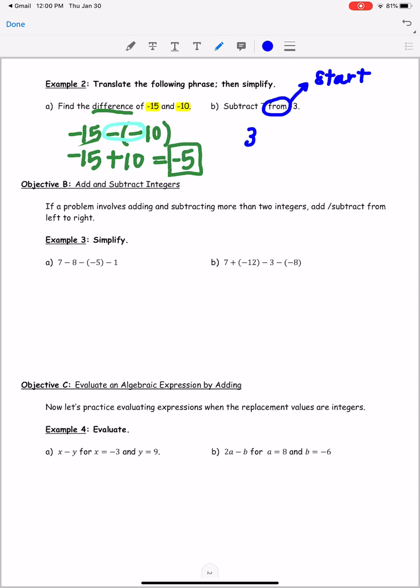And it tells me that we are what? Subtracting 7. So same signs or different signs? We have a positive 3 since there's nothing in front, and a negative 7, so we're going to subtract. 7 minus 3 is 4. And again, we're keeping the sign of the bigger number, which is 7, and it's negative.